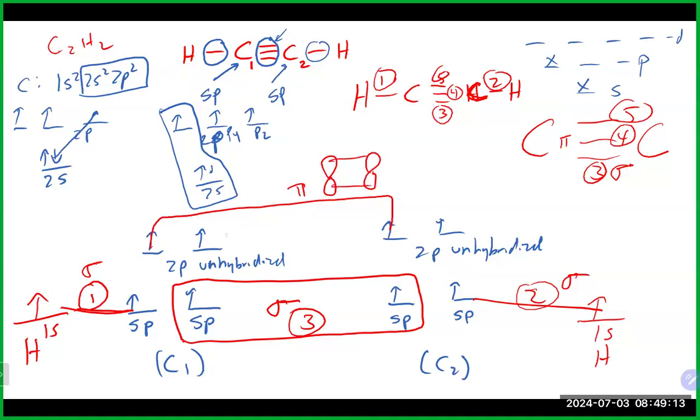And then that would leave these two guys here to do another pi bond, which once again is our sideways overlap, to make bond number 4 and 5. There we go. And that will account for all the bonds that are happening to make our triple bond. So again, two pi bonds and a sigma bond will make up that triple bond.